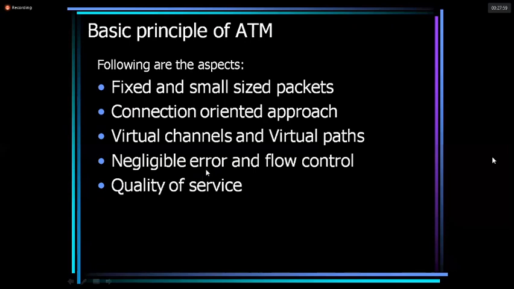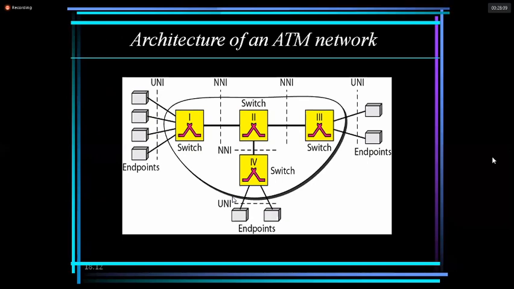We have negligible error and flow control mechanism. Since the cells are fixed size, we can increase the quality of service to some extent, right? Let us see how exactly the architecture of an ATM would look like. Later I'll come to the structure of your cell.